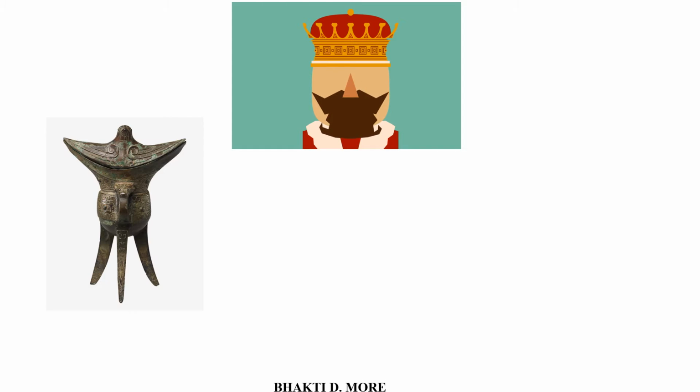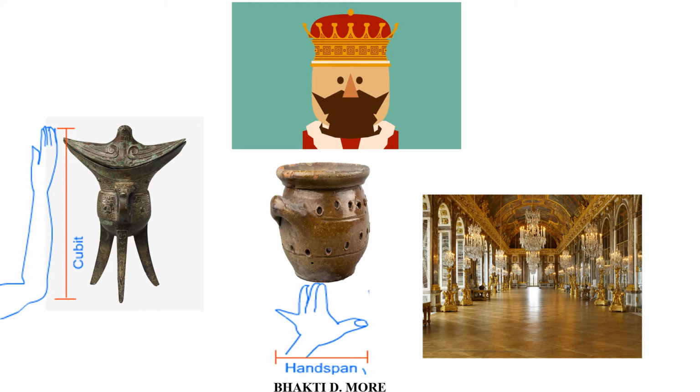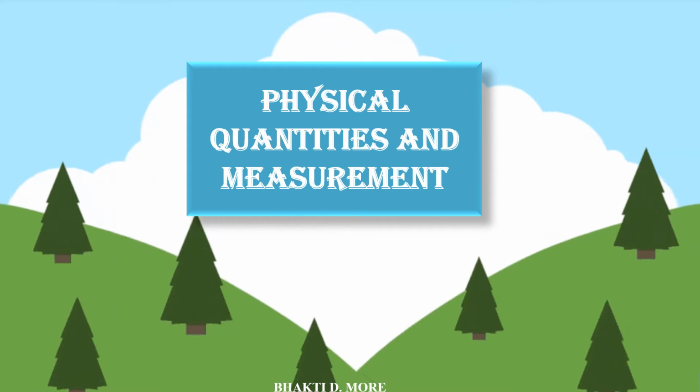There were different objects in his kingdom, and all were measured by a cubit, that is the distance from elbow to fingertips, a handspan, that is the distance from the little finger to the thumb, and a footspan, the distance from the tip of the longest toe to the end of the ankle. But do you think this is the correct way of measuring objects? Well, no. So let's learn about physical quantities and measurement.